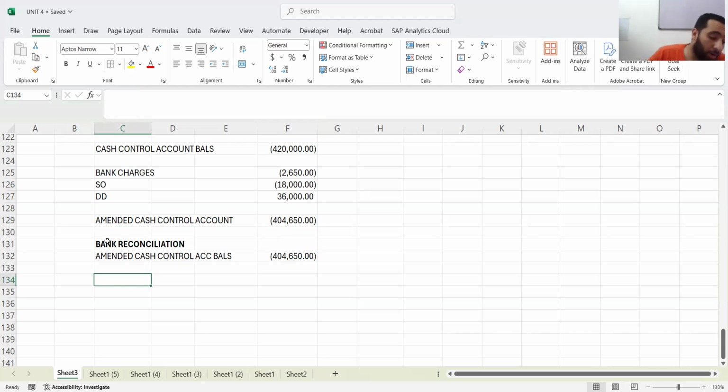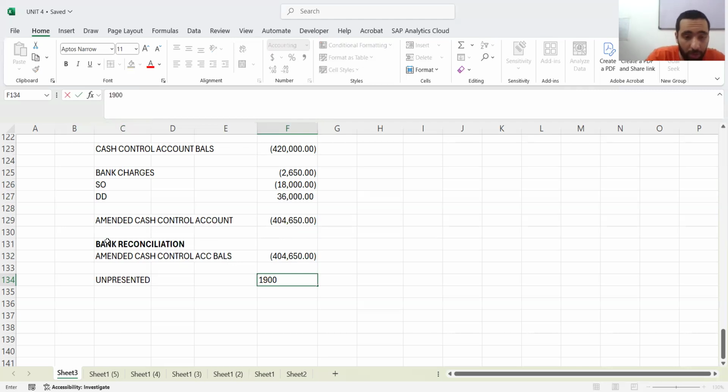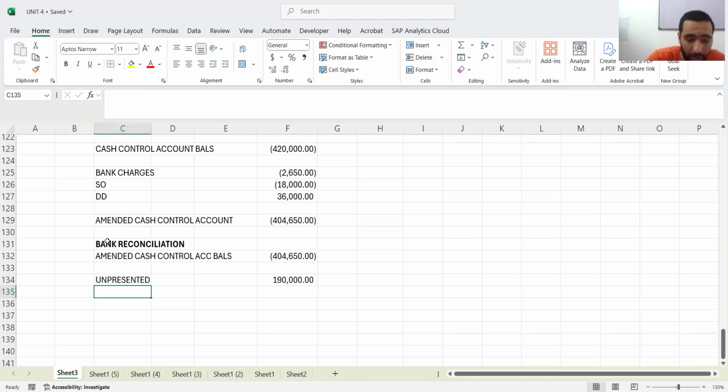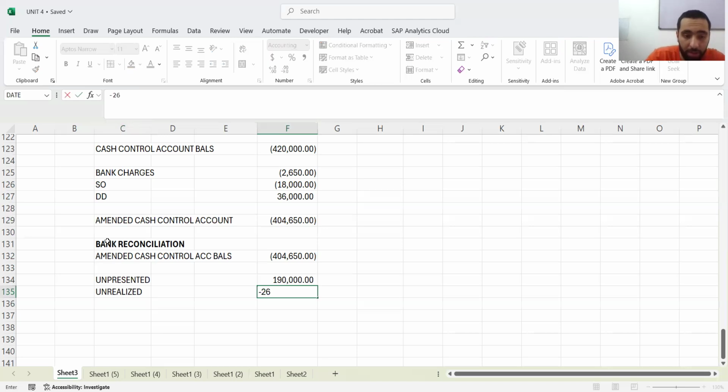Deposit but not realized. First of all, you need to put the unpresented. You need to always add unpresented, 190,000. Unrealized, minus 260,000.